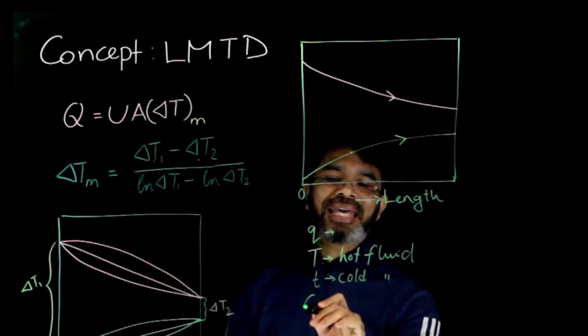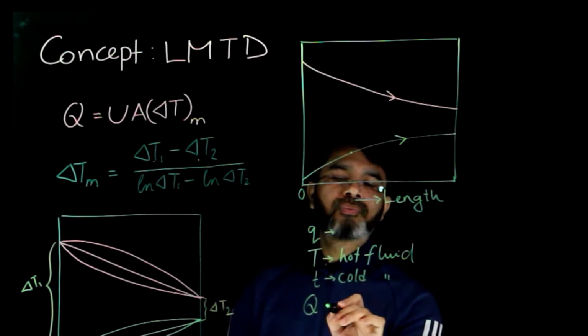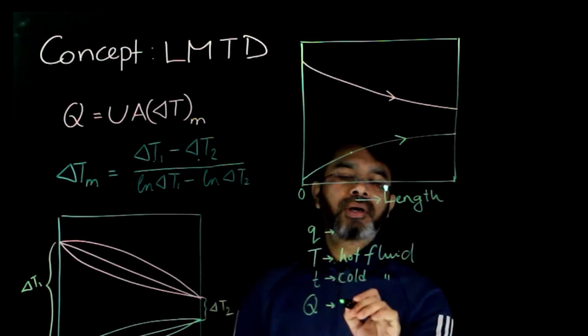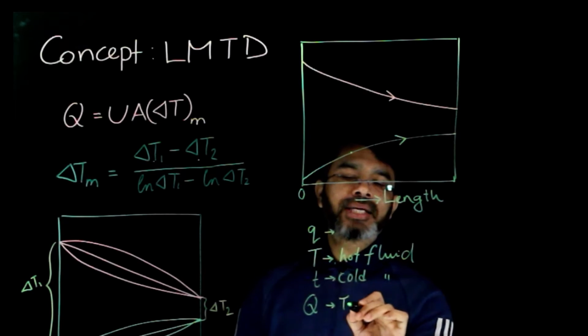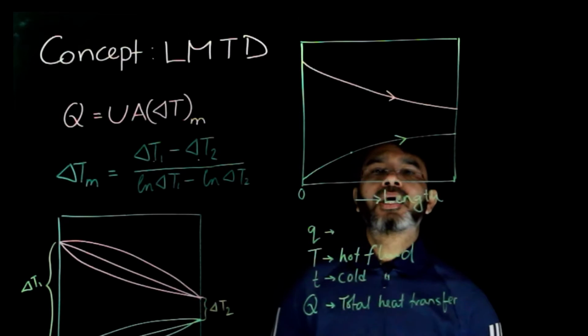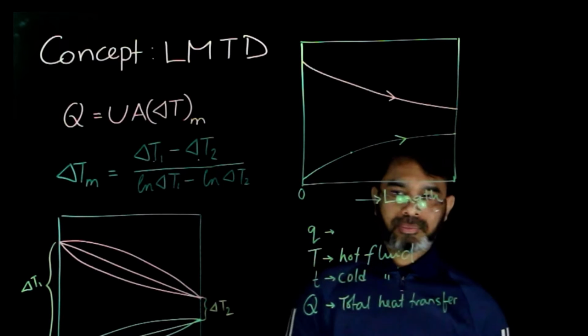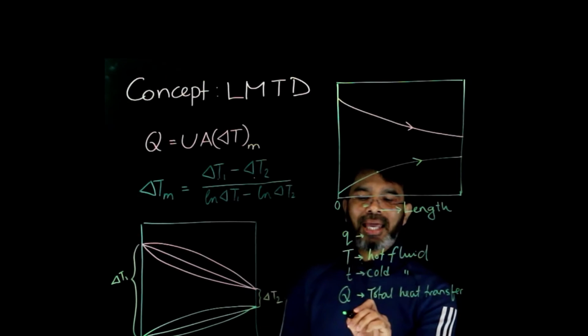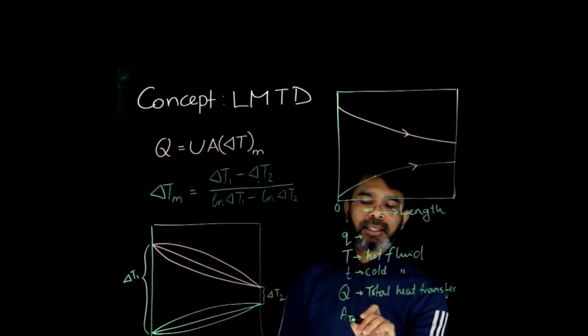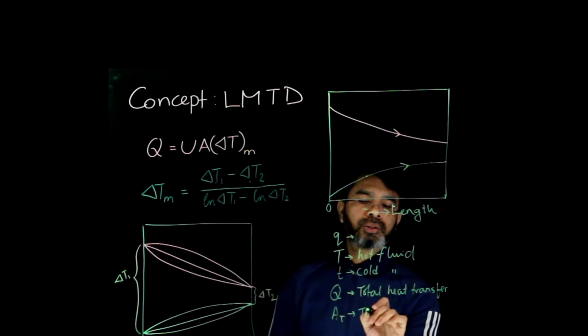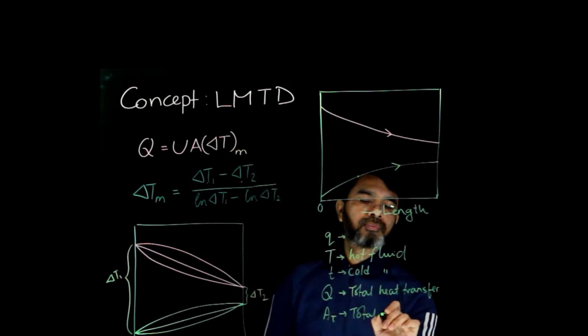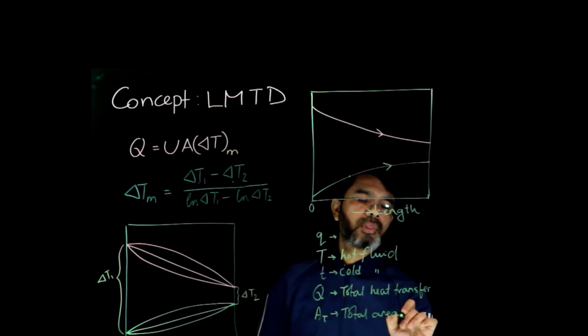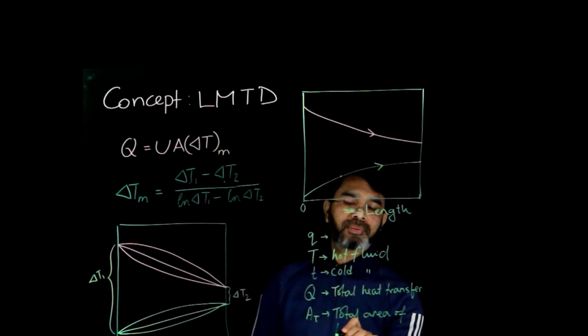We'll use capital Q for the total heat transfer in the heat exchanger, and A_T for the total area of heat transfer.